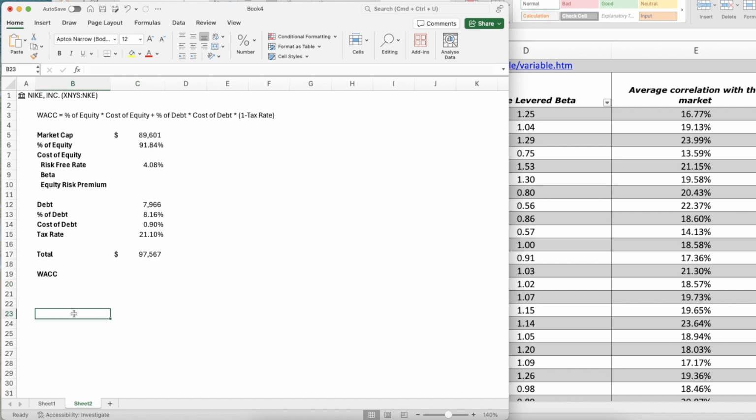So we go in industry. We want the unlevered beta for that industry. Then we want revenues, then the EV to sales, then the value. What would the next one be?